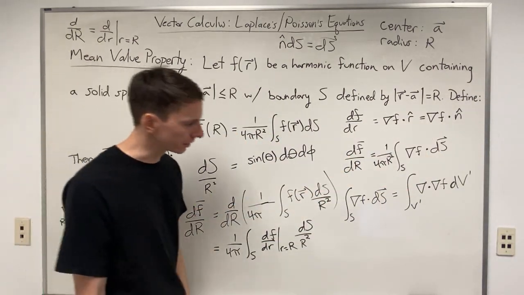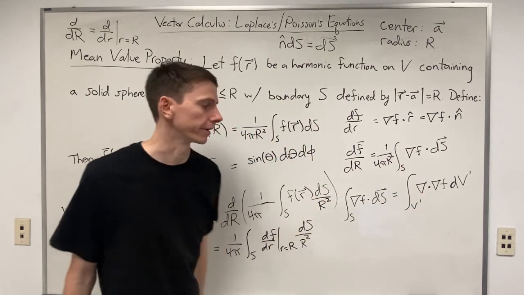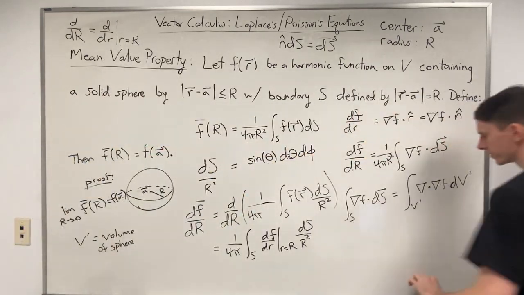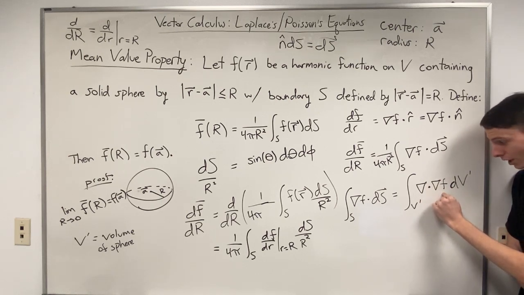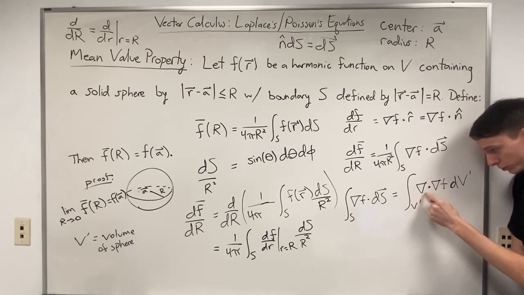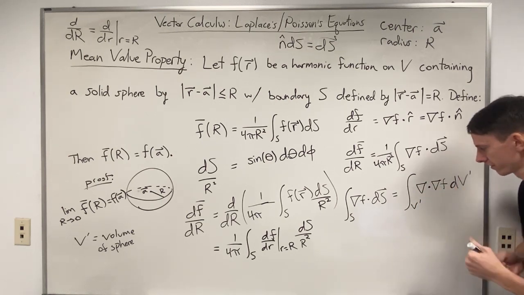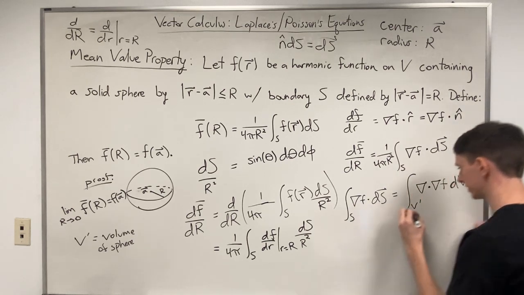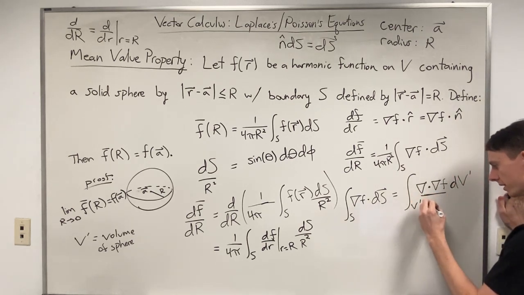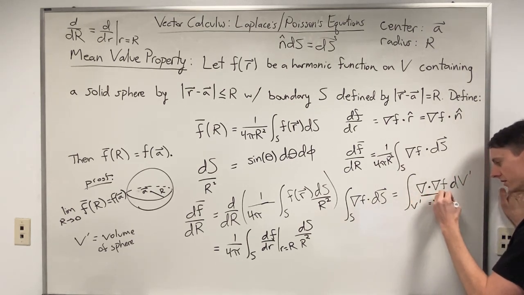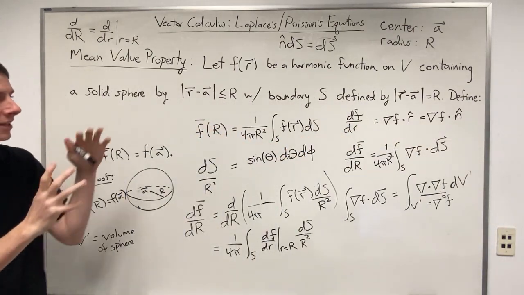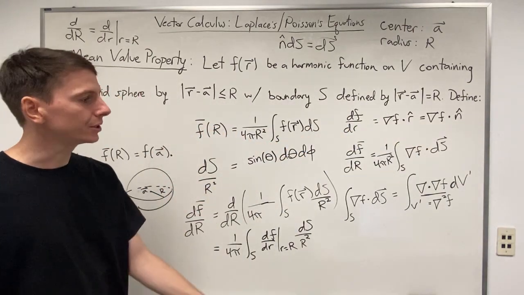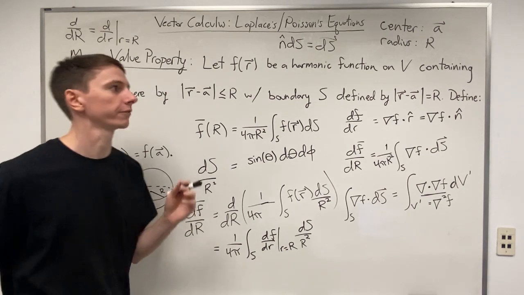Now let's look at what the integrand is on this integral right here, right? We have the divergence of the gradient of f. Another way of expressing this, the divergence of the gradient of f, we can say that this quantity right here that I'm underlining is equal to the Laplacian of f. Okay. And now it's at this point where we make use of the fact that f is a harmonic function.